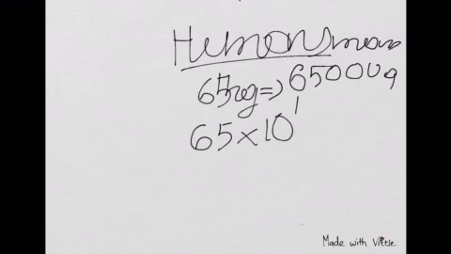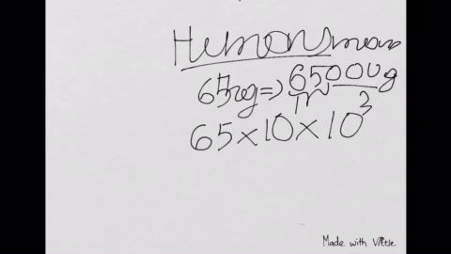Turn that into scientific notation. We already got the 65 part, but what about the rest? Easy, just turn that into 10 to the power of 3. See that? 3 zeros all pointing in the positive direction. So, your final answer should be 6.5 times 10 to the power of 1 times 10 to the power of 3, which resolves to 10 to the power of 4.